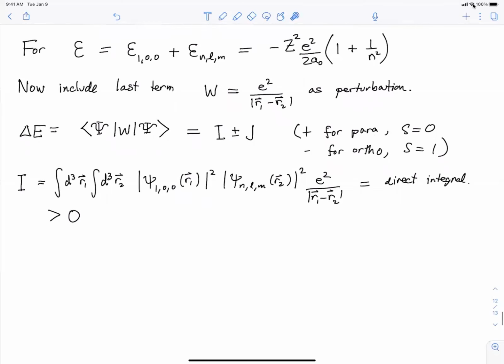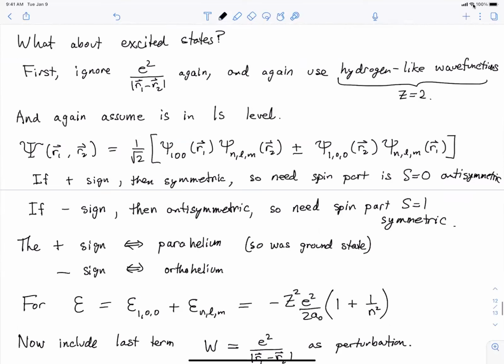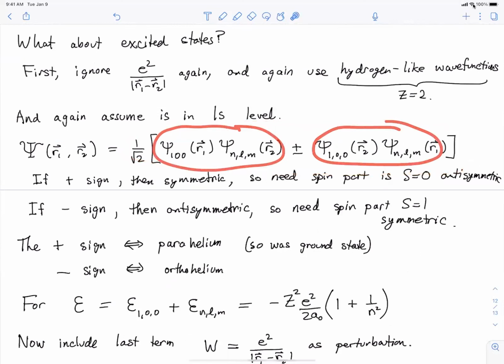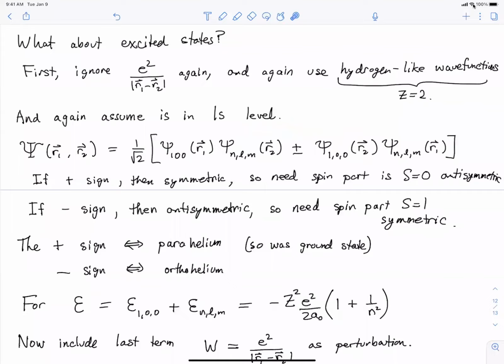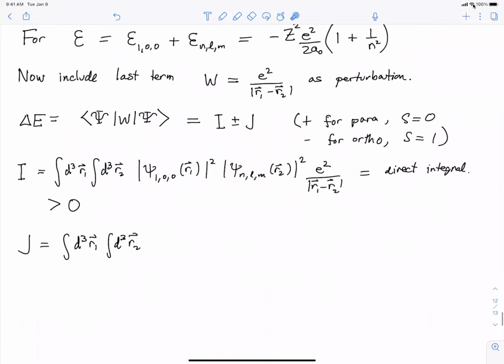Okay, and then if you calculate the rest of it, the J part, it looks very similar. The difference is the J part is going to come about when I come back to my wave function up here. When I take the whole square of this, what I've basically included is this squared and that squared, but now there are going to be cross terms between this and that. So that's what I'm going to write down here.